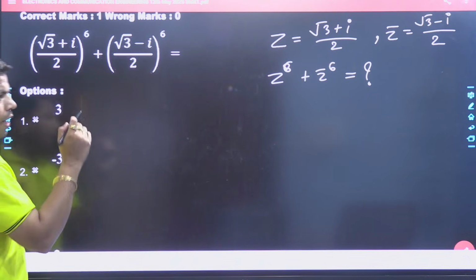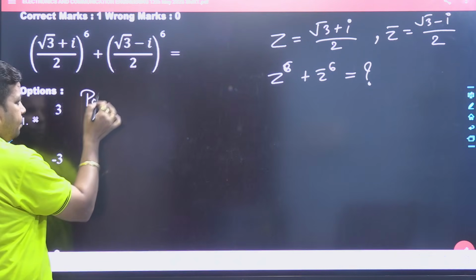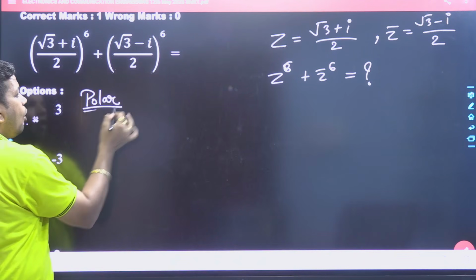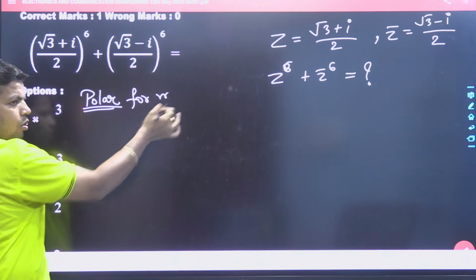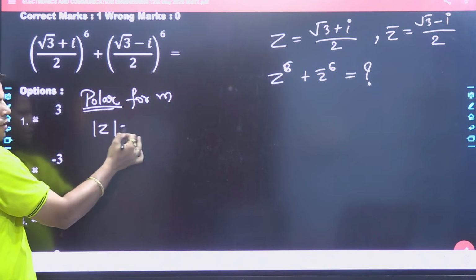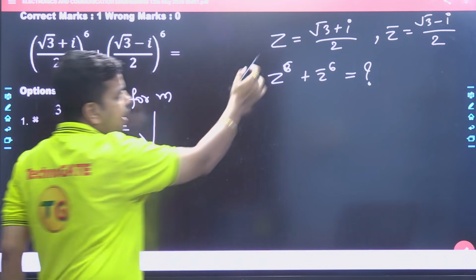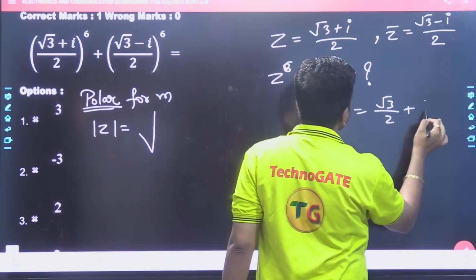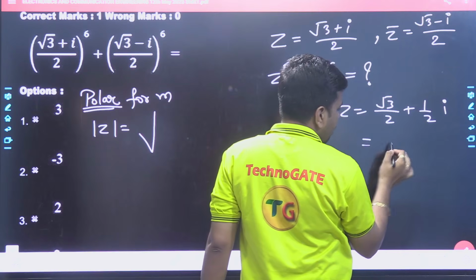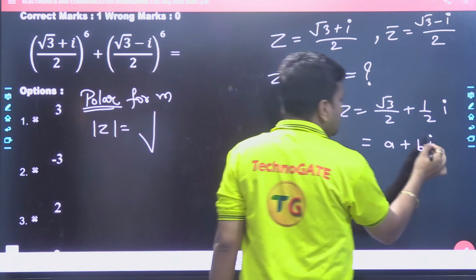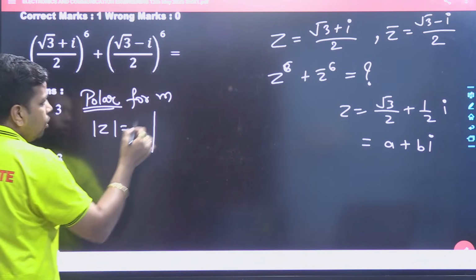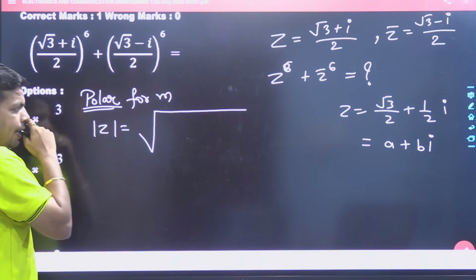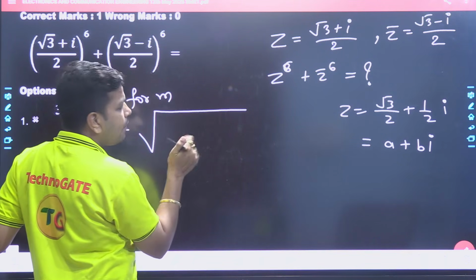Now if you are writing the polar form of that particular expression, the modulus of z is simply what? Here we can convert that z to square root 3 by 2 plus 1 by 2i. So compare this with a plus bi. If we are going to find the modulus of z, then it is square root of a square plus b square.